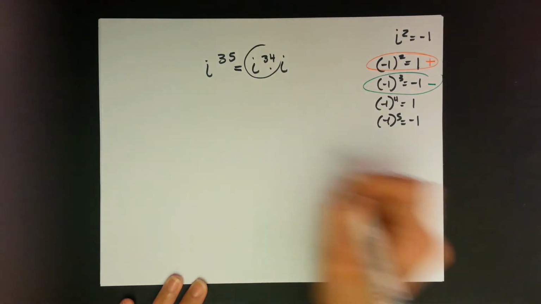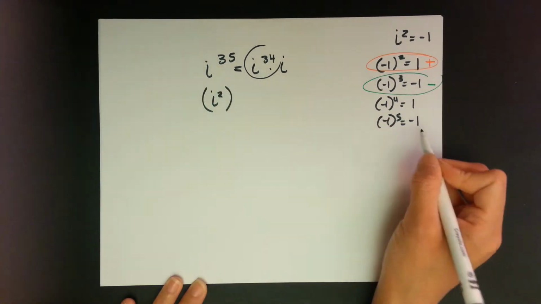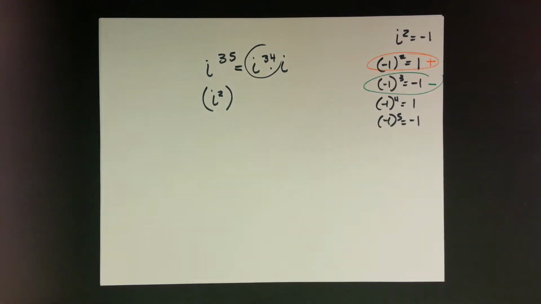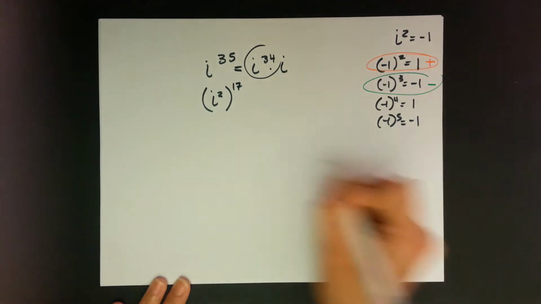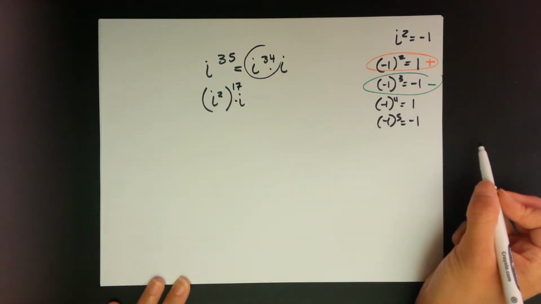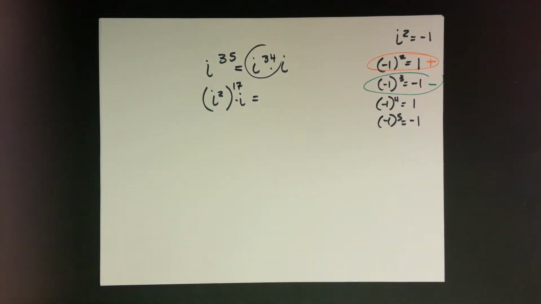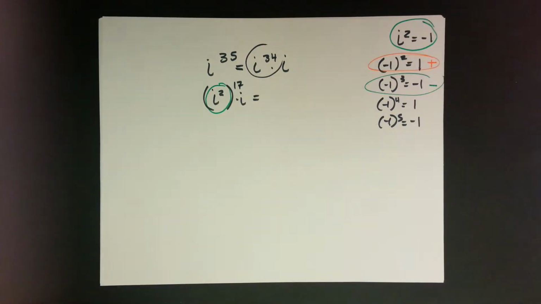And these guys are going to break down into how many couples? Well, let's see. That would be what, 17? 17 couples. Now that 3rd wheel is still out there kind of alone. But now you can make use of your i squared being -1.